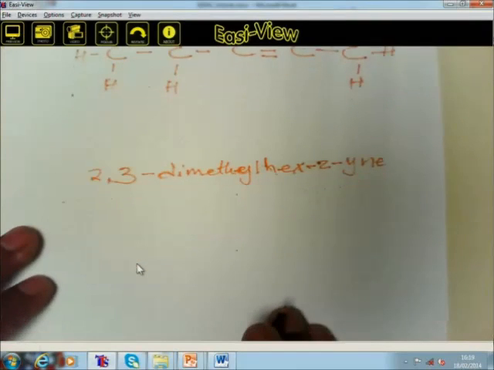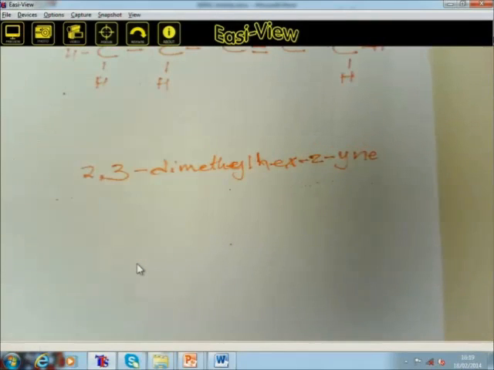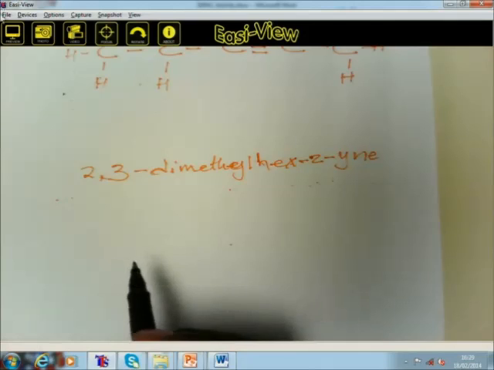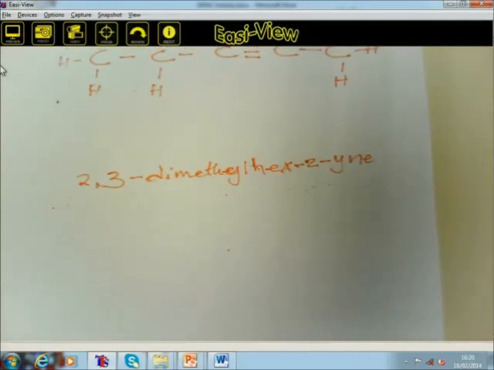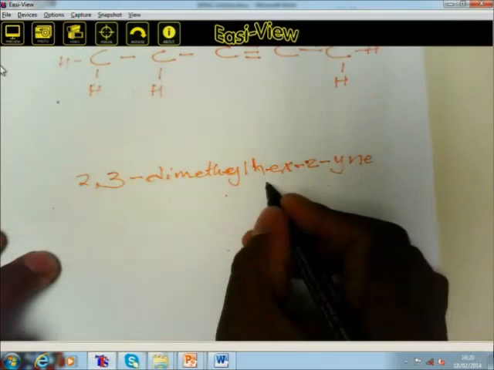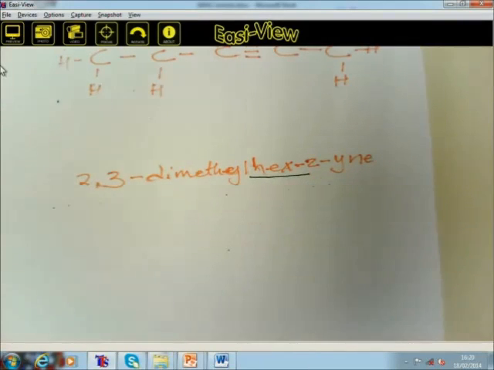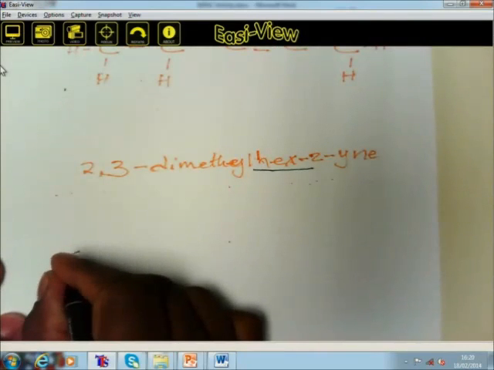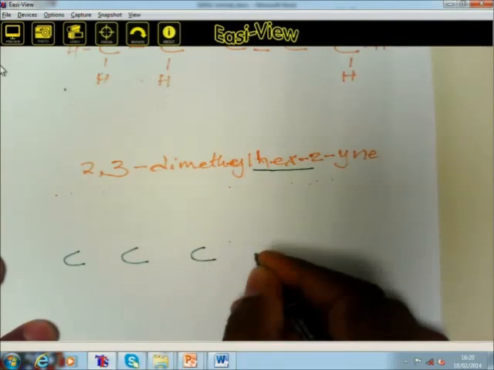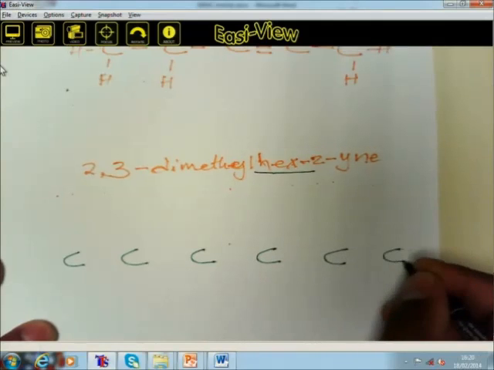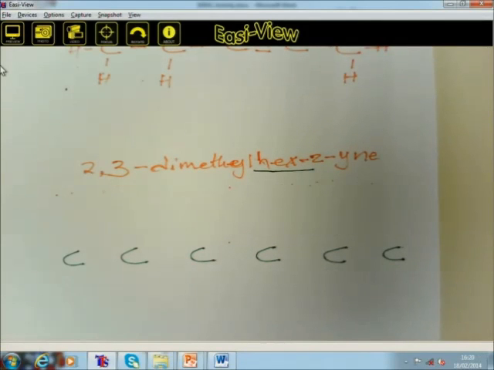They say you must draw the structure of this name. So if we check, here we've got where you must start when you are given the name and you need to draw. Start from here. You've got 6 carbons. So you draw those 6 carbons. 1, 2, 3, 4, 5, 6. All right? And then you check.